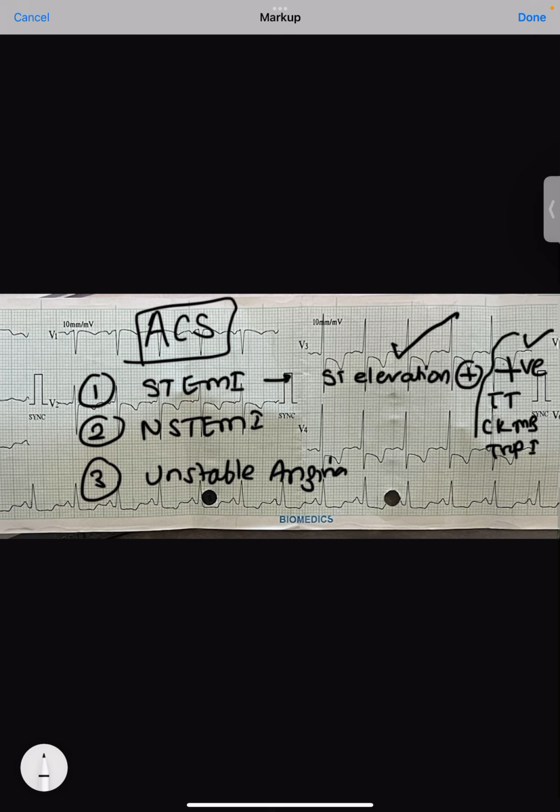The positive biomarkers may not be present at the time of admission. In the first few hours, troponin T and troponin I can be negative, but when we repeat them after 6 to 8 hours, they usually turn positive if it is ST elevation MI.